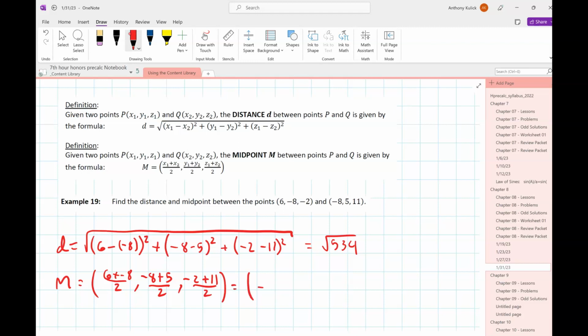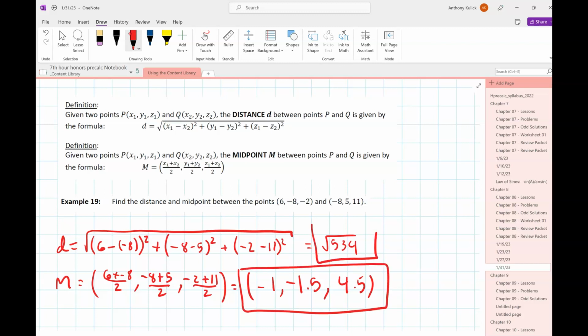What's that come out to be? -1, -1.5, and then 4.5. Super easy. We're just plugging stuff into a formula. And the formula looks almost exactly like the two-dimensional formula, right? Just a minor modification for the third dimension, but it's the same pattern as the two-dimensional one. Really nice.